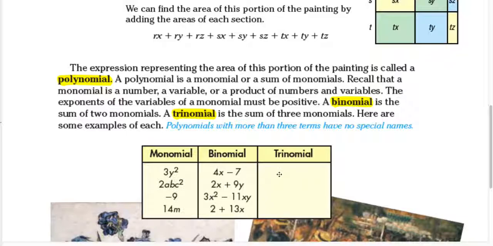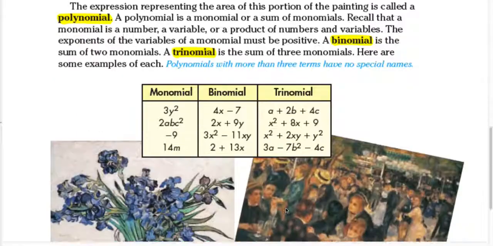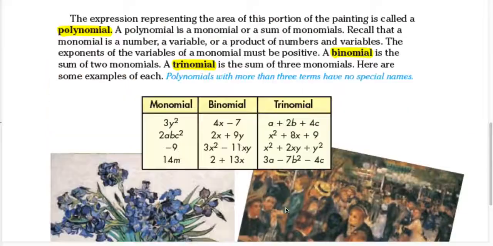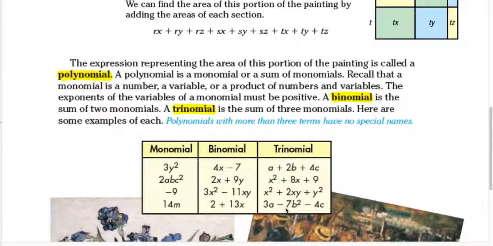With a trinomial, you have three terms, or three monomials being added. So a plus 2b plus 4c, x squared plus 8x plus 9, x squared plus 2xy plus y squared, 3a minus 7b squared minus 4c. So those are all examples of monomials, binomials, and trinomials.